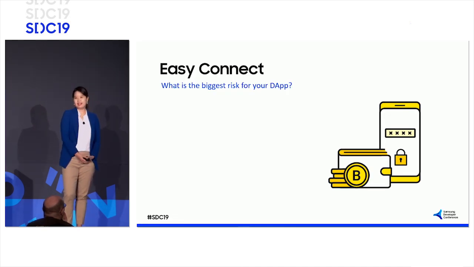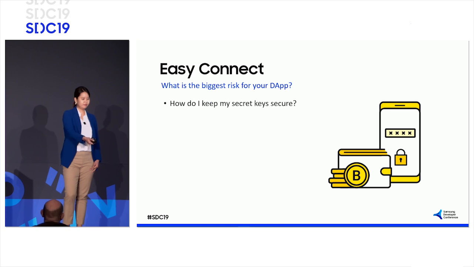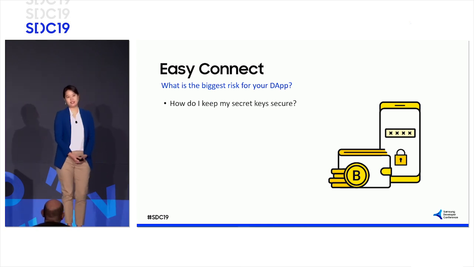In the previous slide, we talked about a master seed. So we can understand why people need some solution to solve this concern. How do I keep my secret key safely?